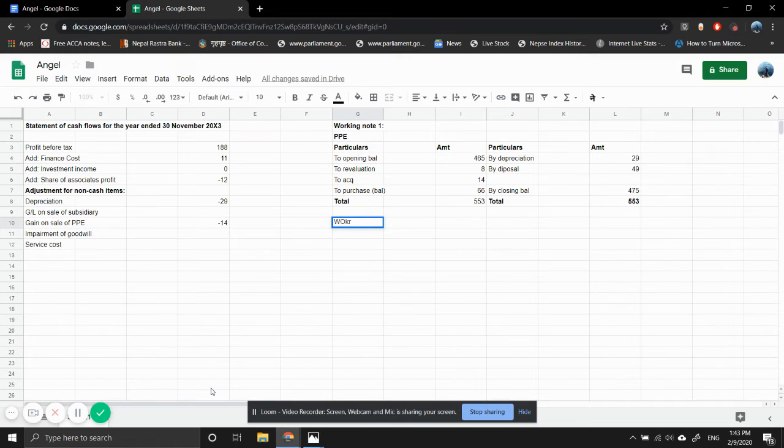So working note 2, calculation of net assets of Sweetie. We know the opening goodwill, but we don't have the goodwill for the acquired subsidiary, that's why we need to calculate it.